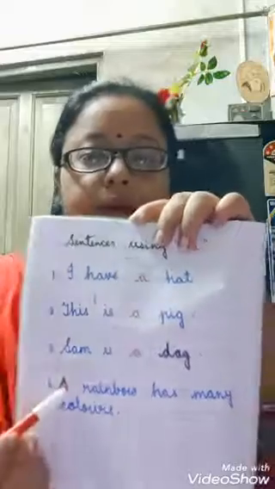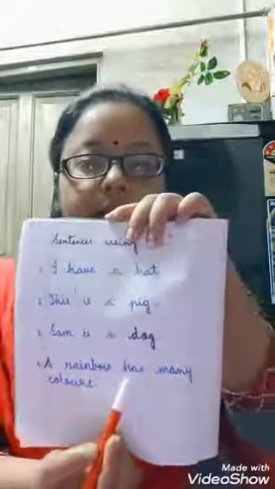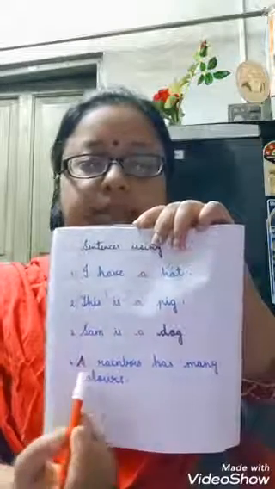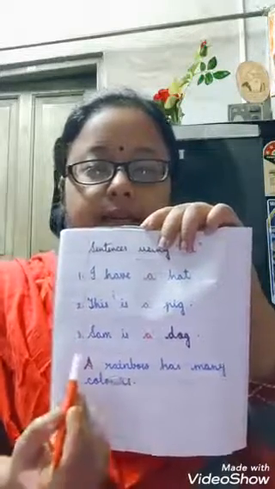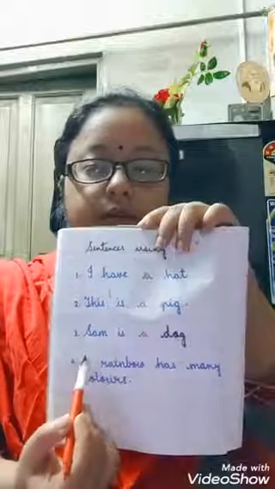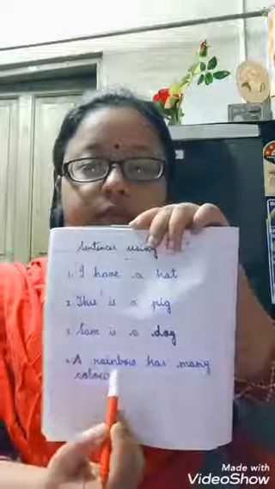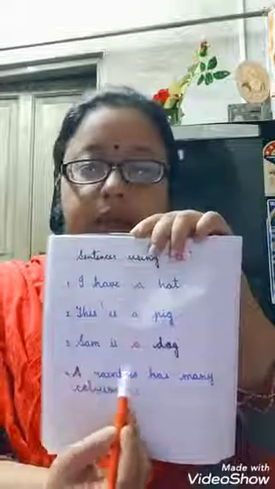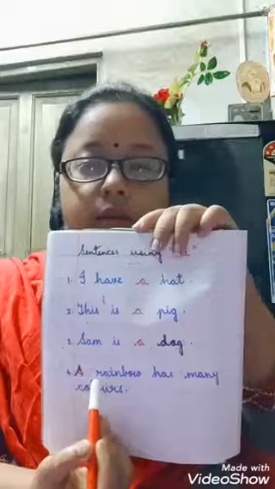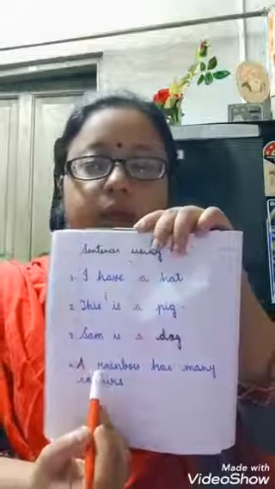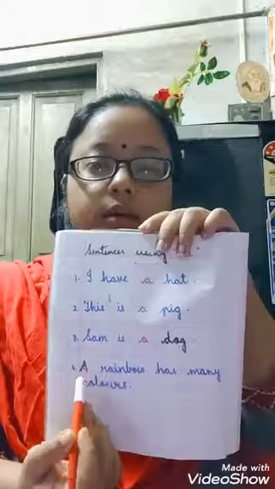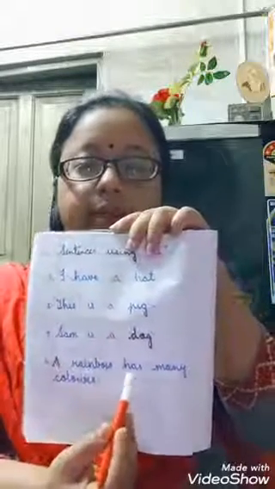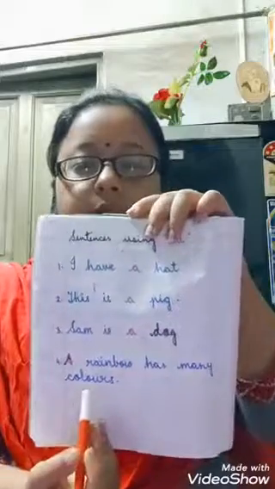So, a rainbow has many colors. In this sentence, I started the sentence with a. Why? Because there is rainbow at first. So before writing rainbow, as rainbow starts with R, we will be using a before it. A rainbow has many colors.